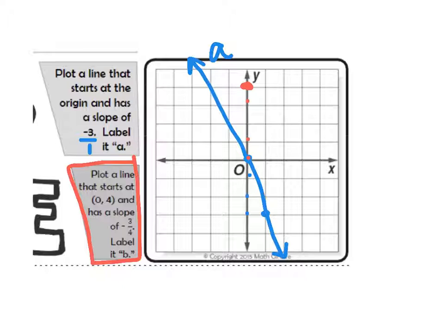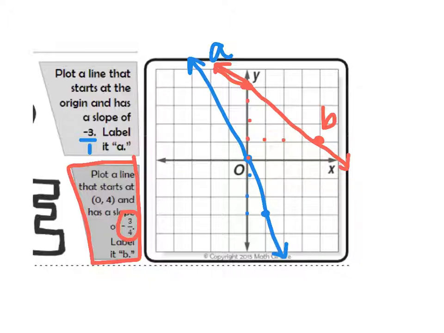From there, it has a slope of -3 over 4, so that would be rise over run. Rise -3: 1, 2, 3, run 4: 1, 2, 3, 4. Okay, so this line, they said to label line B. So if you're given a point and the slope, then you can graph a line easily.